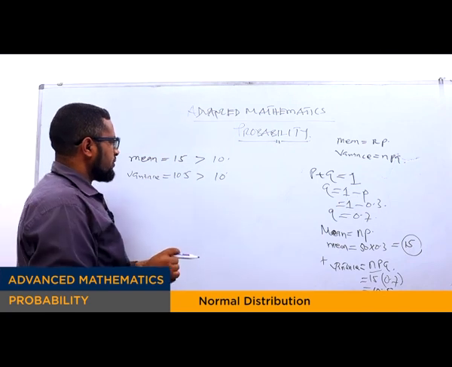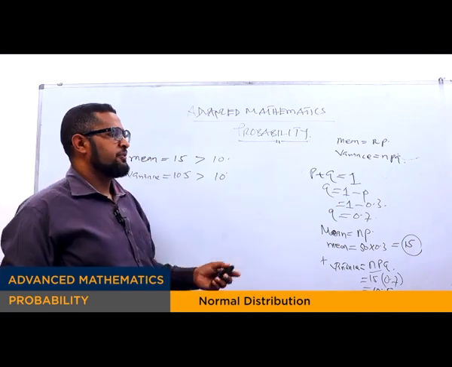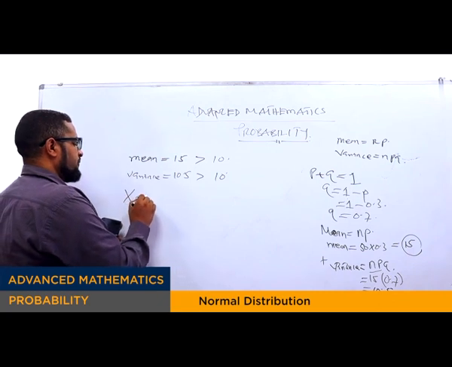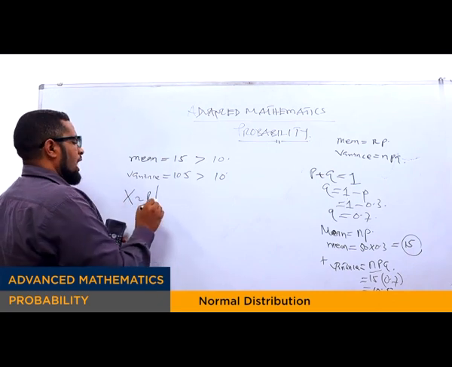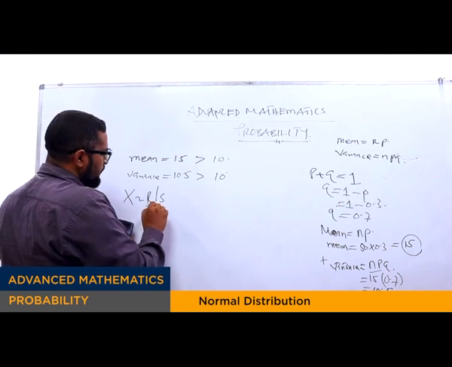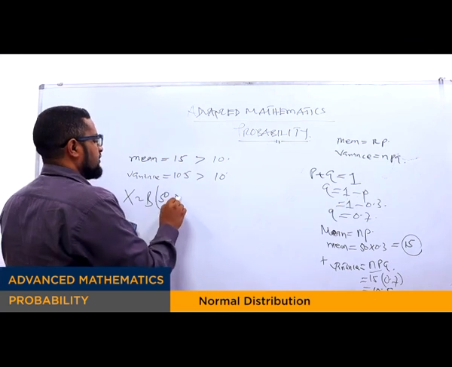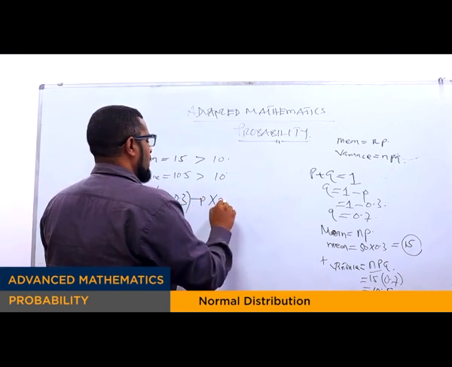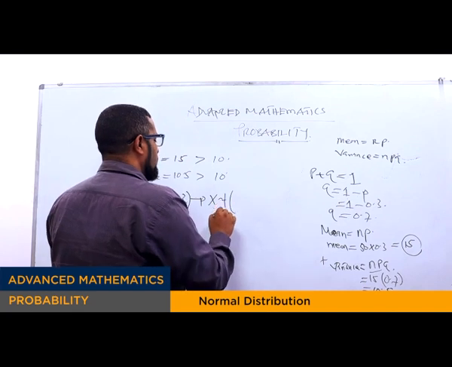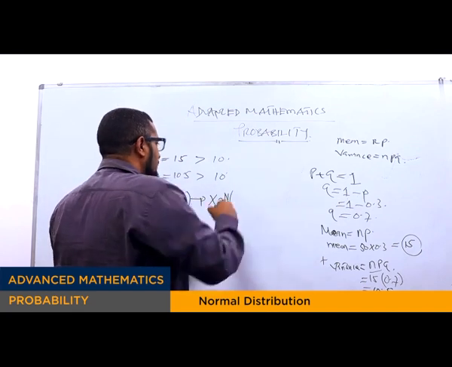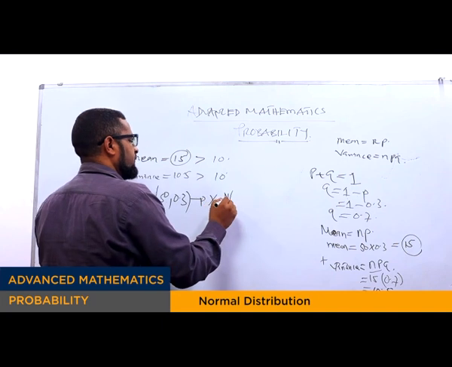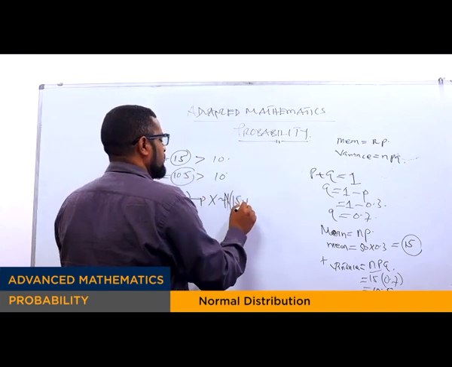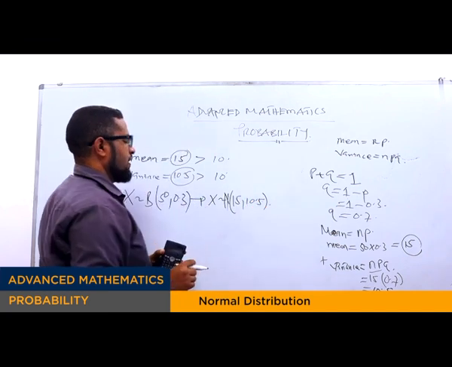Now, we approximate the binomial, where our N was 50 and P was 0.3. This is the same as finding the variable approximately to the normal, but with the mean of 15 and the variance of 10.5.